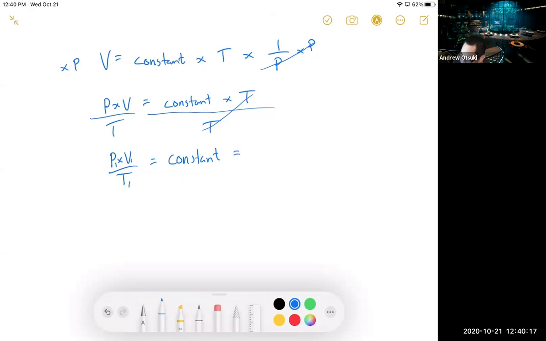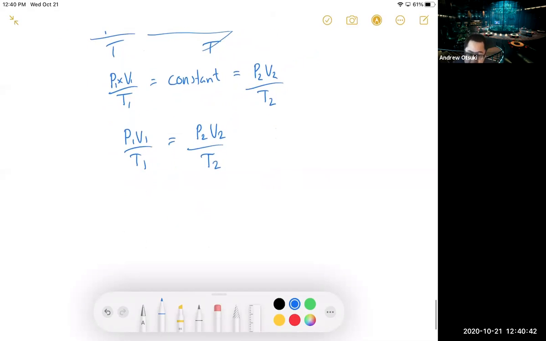Well, we can also say that another set of conditions are also equal to that constant, P2 times V2 over T2. Now we can say P1 times V1 over T1 equals P2 times V2 over T2. So this is called the combined gas law.